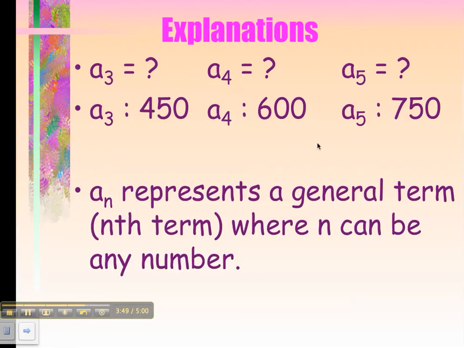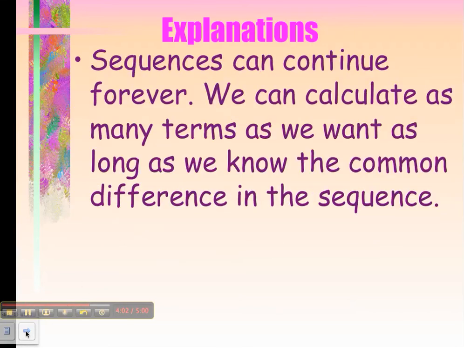Now in general, this symbol here, a sub n, will represent a general term where n can be any number. So what this means is the nth term of a sequence. Now, sequences can go on forever. And if we want to, we can calculate as many terms as we want as long as we know the common difference, d.